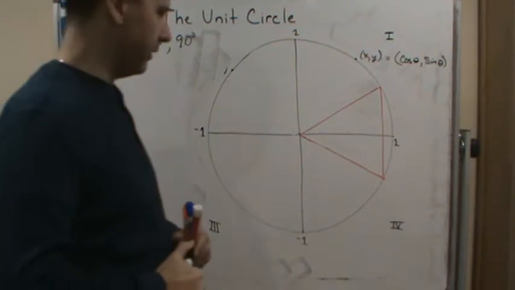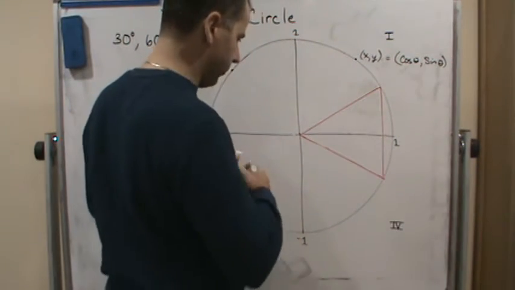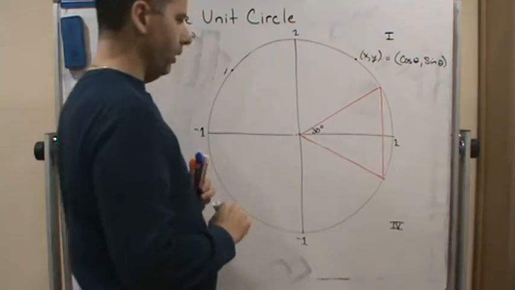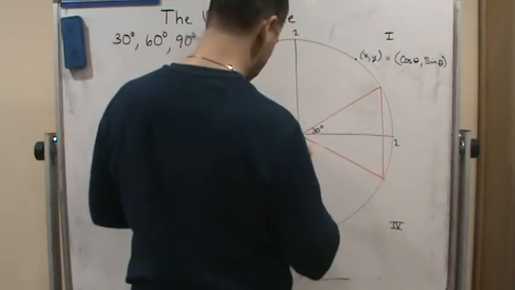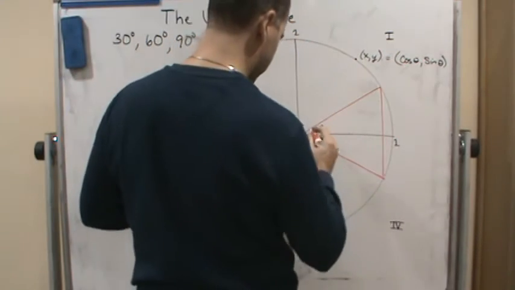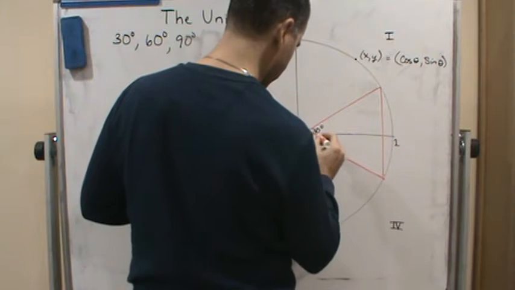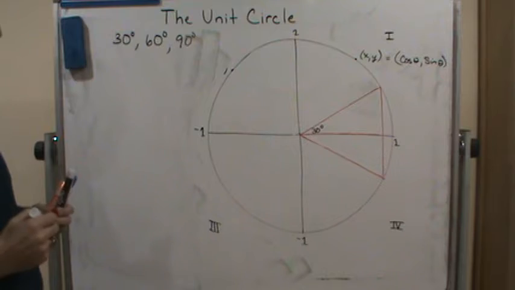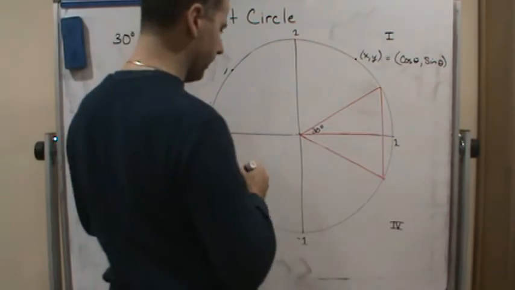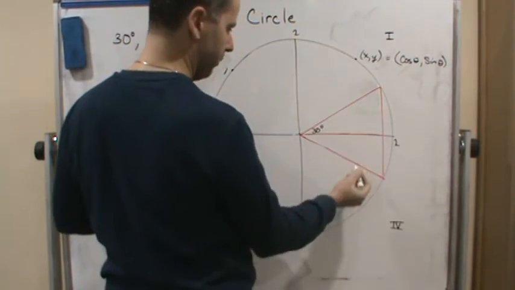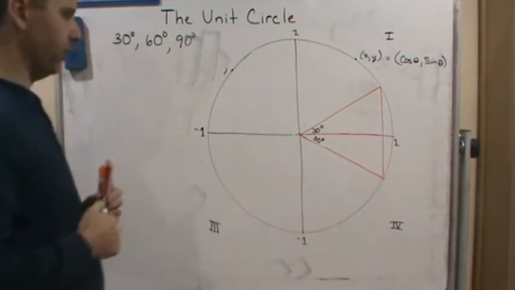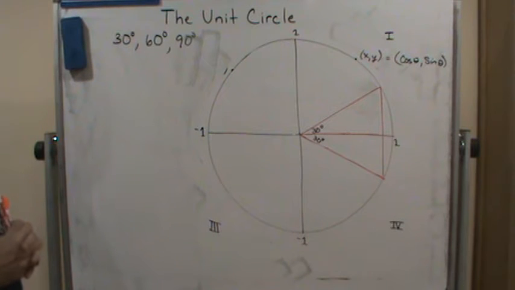But the way we're going to do this is a little different, because if we have 30 degrees here, so if we draw a triangle here, and we have another triangle here that's like the mirror image, so we reflect this across the x-axis, and we go negative 30 degrees from the initial side.